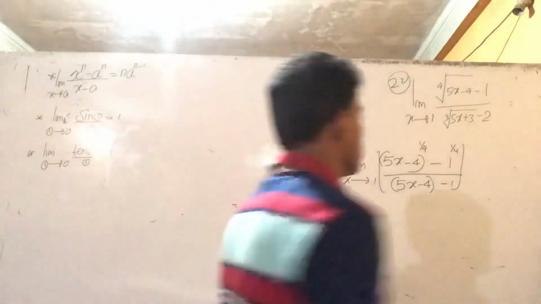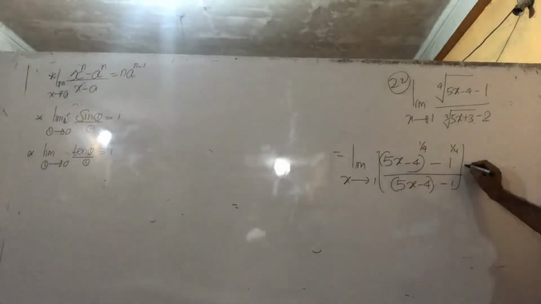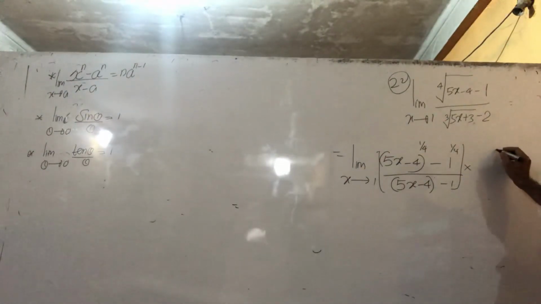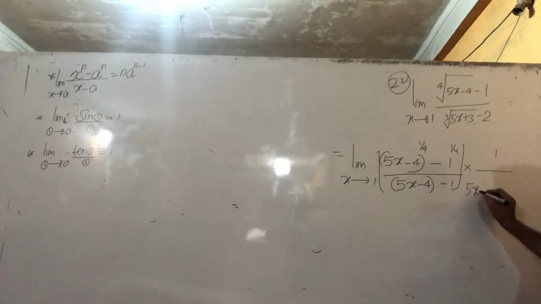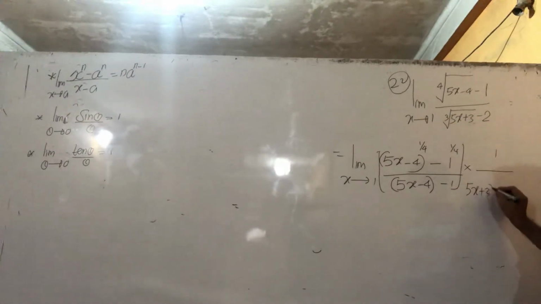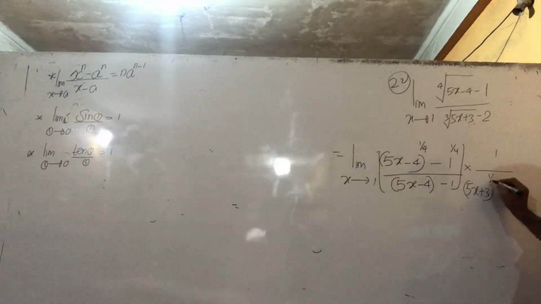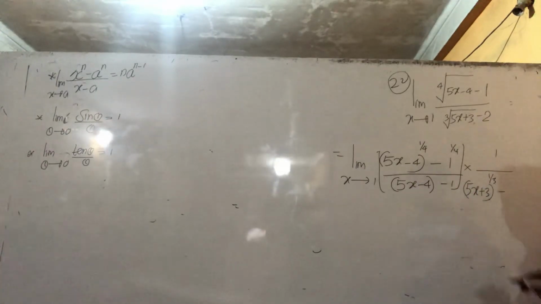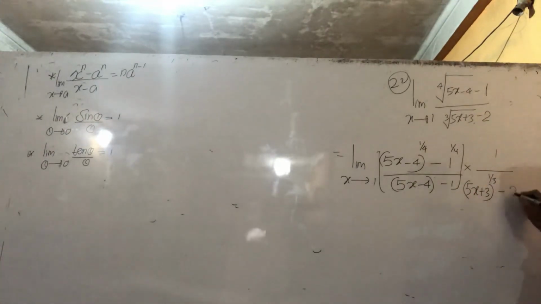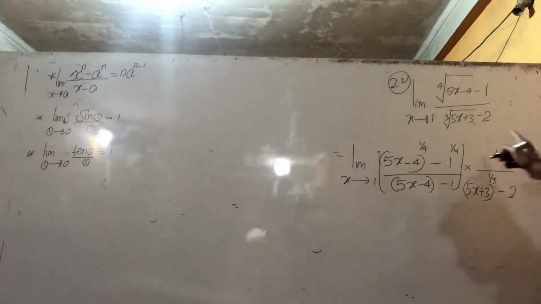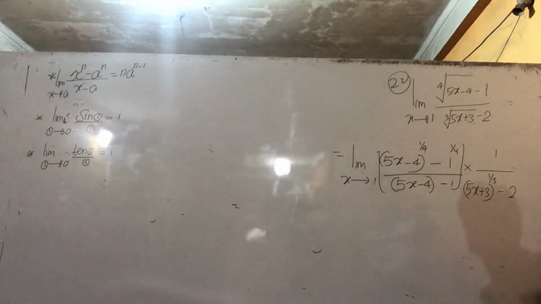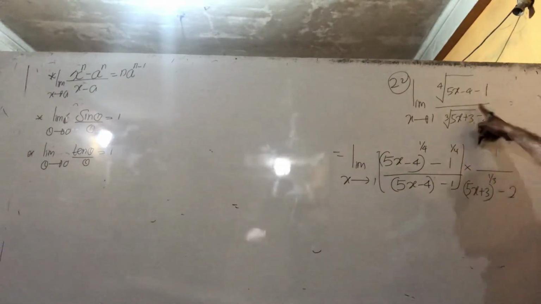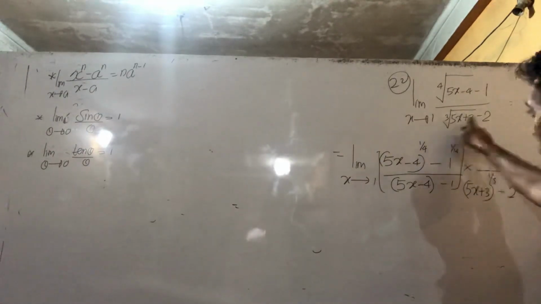See the other one: (5x plus 3) to the power 1/3, minus 2. How can I write 2 here?